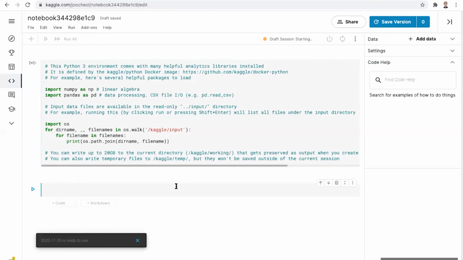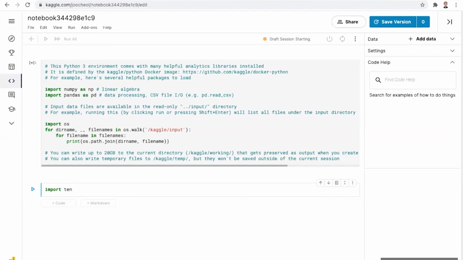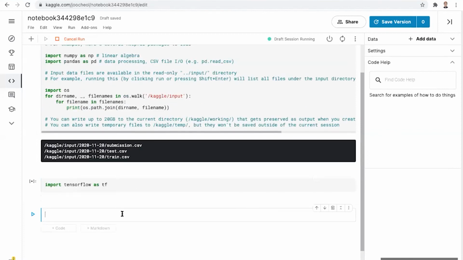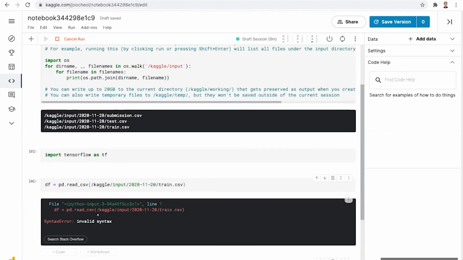To see what's inside, I'm going to import TensorFlow as tf. I'm going to import just one. And df is read CSV train.csv.